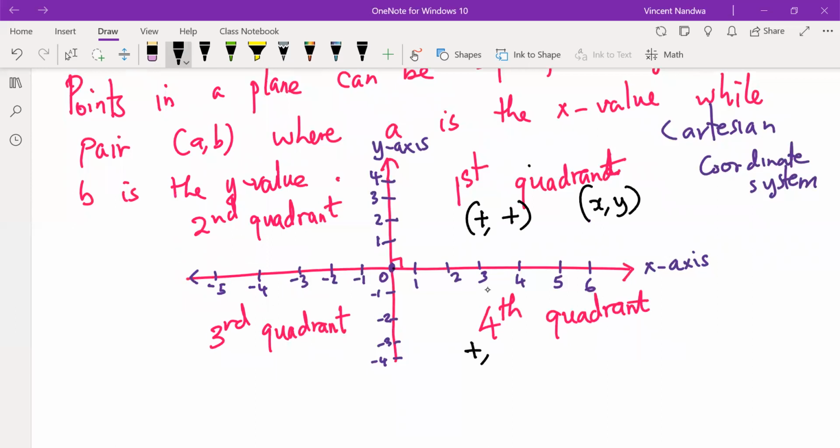From 0 going down, values of y are negative. In the second quadrant, x value from 0 to the left is negative, while y value is positive. And then in this third quadrant, x is negative and also y is negative.